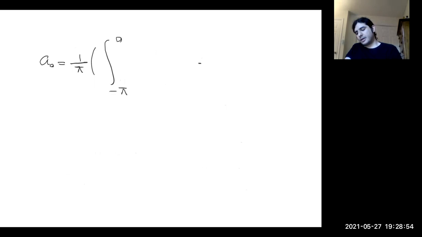We would have one integral from minus pi to 0 and one integral from 0 to pi. And we should have cosine of nx times f of x. So f in the first part is minus 1. So we would have cosine of nx dx.